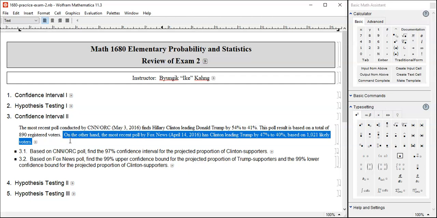Throw all these away, and let's consider the previous sample statistics only. We have 54%, 41%, so in terms of decimal, 0.54 versus 0.41. Another important statistic is the sample size of 890. The other parts are not important.